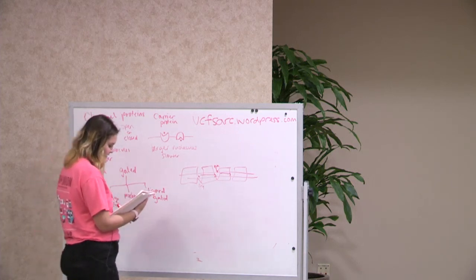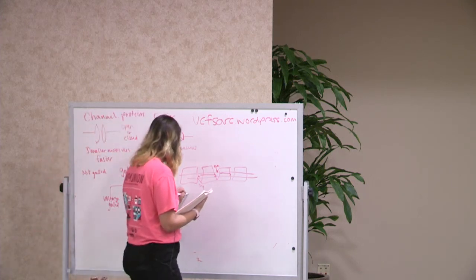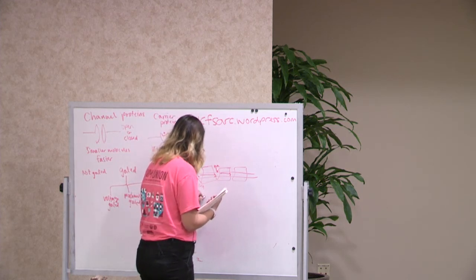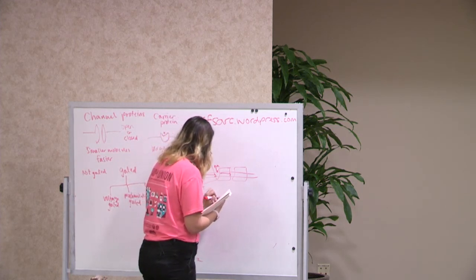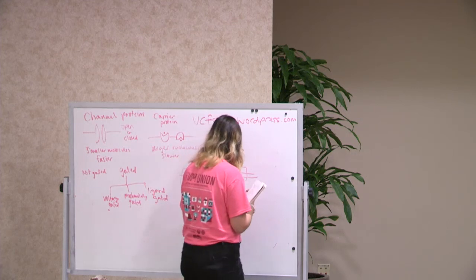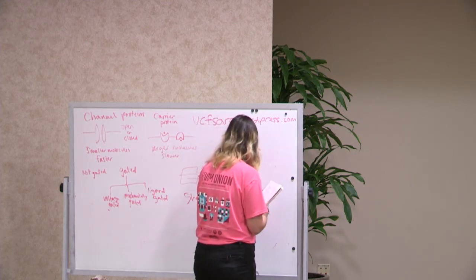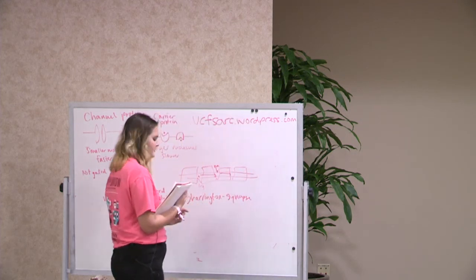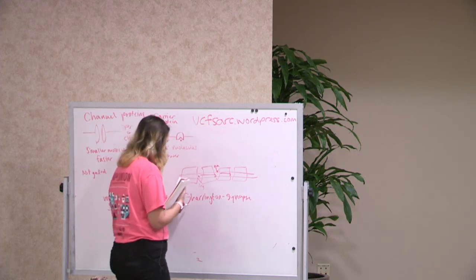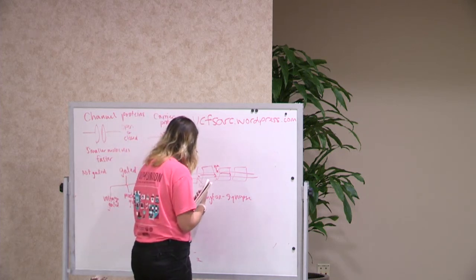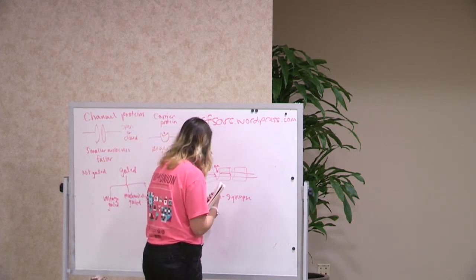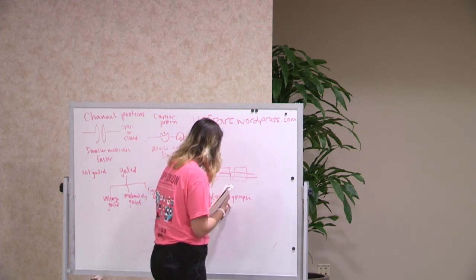Some other neuroscientists. We have Sherrington. He was the one who coined the term synapse, so I always remembered it as S.S. Otto Loewi was the one who found the first neurotransmitter, which was acetylcholine.